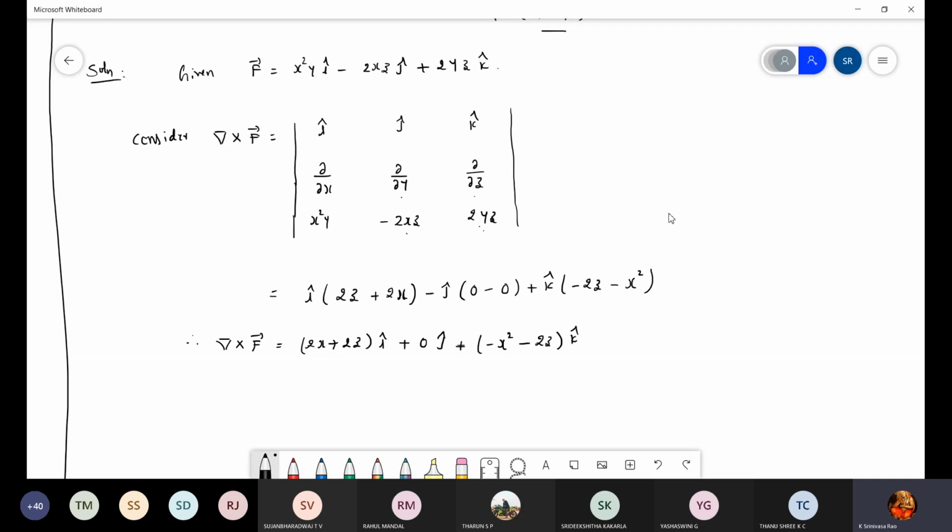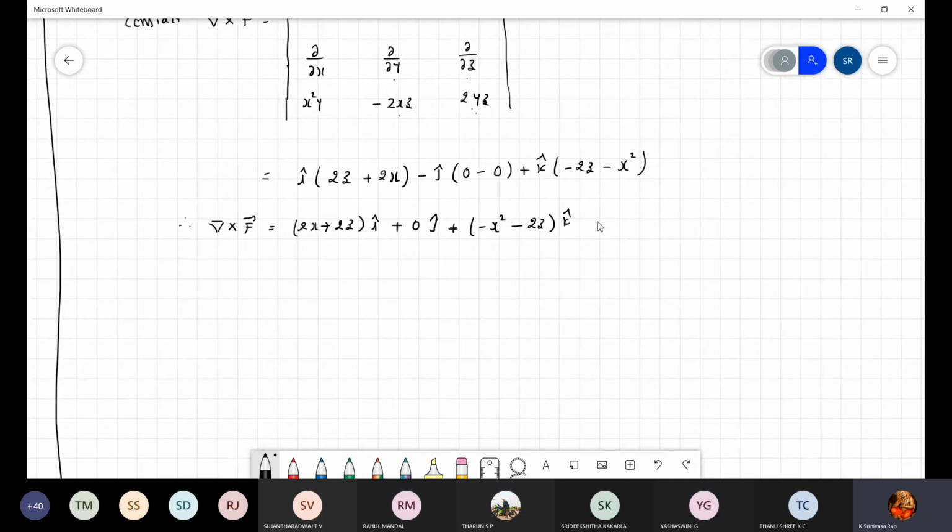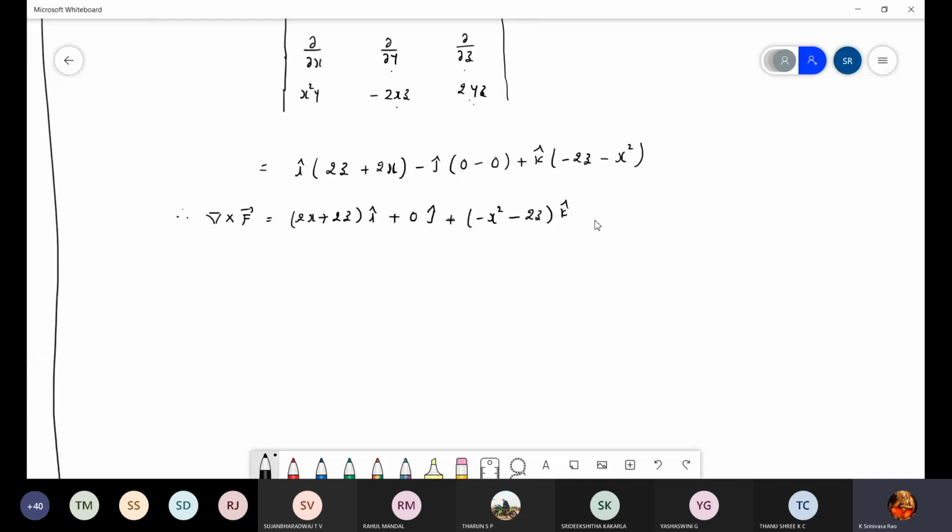Or you can take minus common also, so no change in both equations. Now again consider curl of curl f. So this we calculated already. Okay, that is one vector.